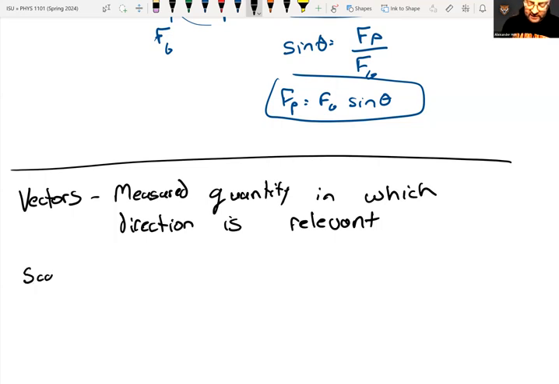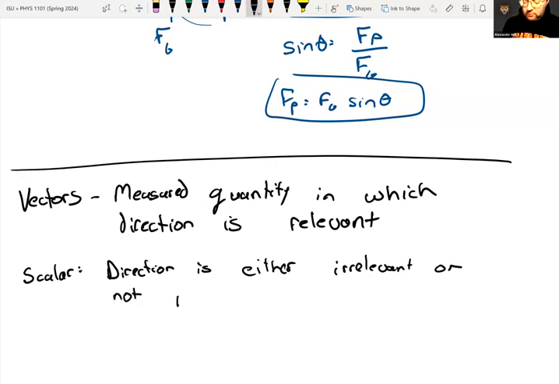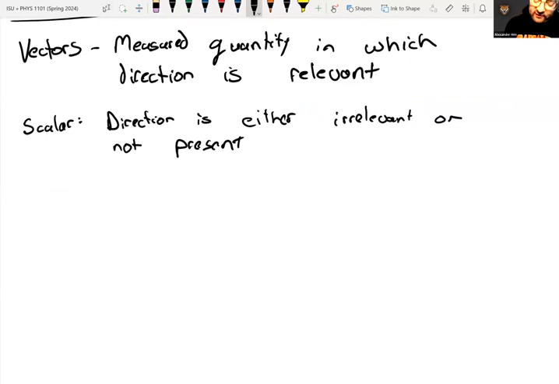I'll just define scalar. Scalar is the alternative to vector, where direction is either irrelevant or not present. Okay, so to give a sense of a few scalar quantities versus vector quantities, a real easy one for vector is force.